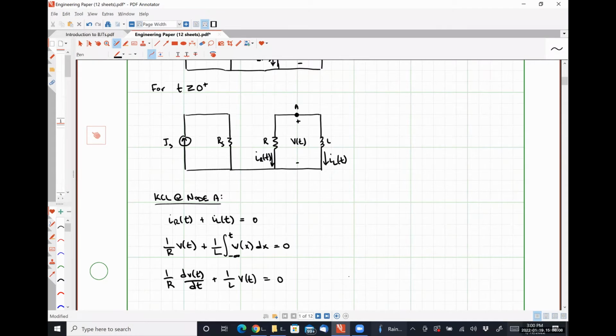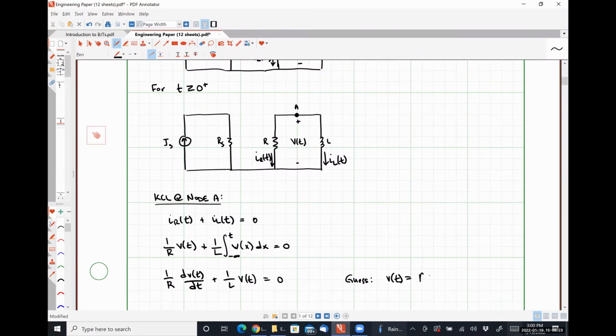So we could assume or make a guess that our voltage here, V of t, will be of the form A e to the st volts. Okay. So it's an exponential that has some characteristic S that tells us how that exponential either grows or decays.